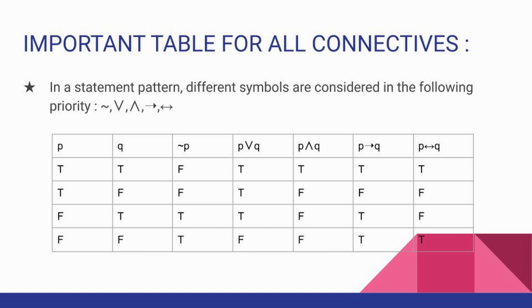And in a statement pattern, different symbols are considered in the following priority. First priority is given to negation, then or, then and, if then, if and only if. Hope you will be able to identify statement pattern, logical equivalence, tautology, contradiction and contingency in a perfect way.